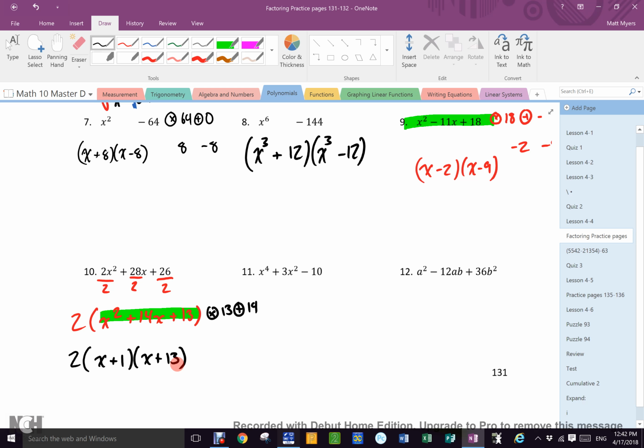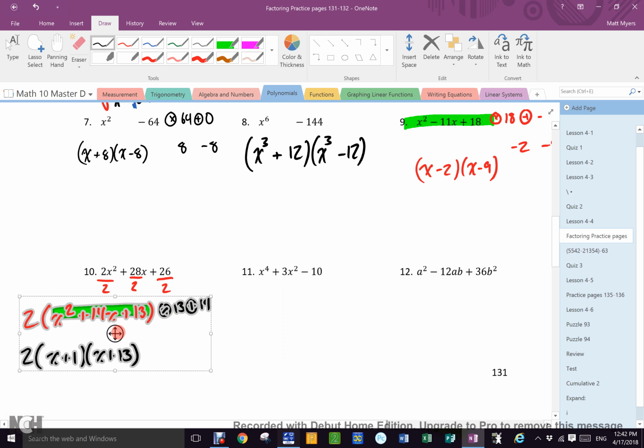Okay. All right. What's different in 11? It's to the 4th, right? You're intelligent young people, though. When it was x squared, it was x and x. So what is it when it's x to the 4th? X squared. So this is just going to be x squared and x squared because 4th to 2.